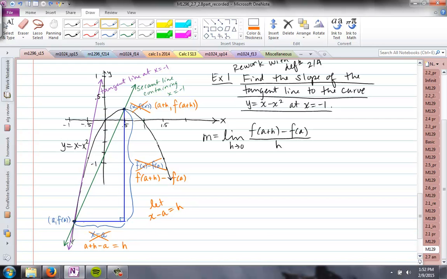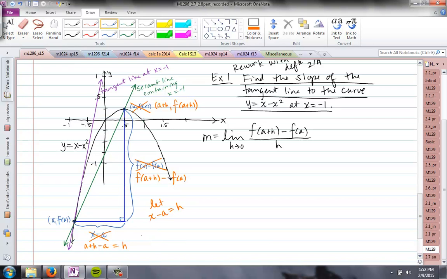Go down and look at our blue right triangle, and I'll point it out here. Instead of that base of that triangle being x minus a, now that we define this point as a plus h, it would be a plus h minus a, which is just h, or you could just define it as h in the beginning, noting that we have some base of the triangle that is some small value h.